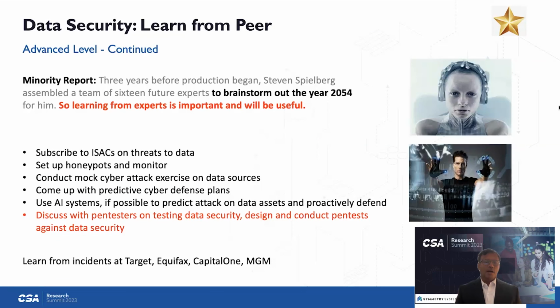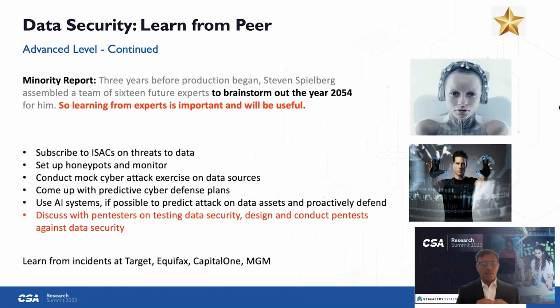So one thing we could all learn from Minority Report is the law enforcement team, they come to know when the next crime is going to happen. So they proactively send the law enforcement officials to the potential crime spot. So what this means is based on the analysis we do, based on all the data we have, we could probably think what could be the weakest link, where we have to add enhanced monitoring and security.